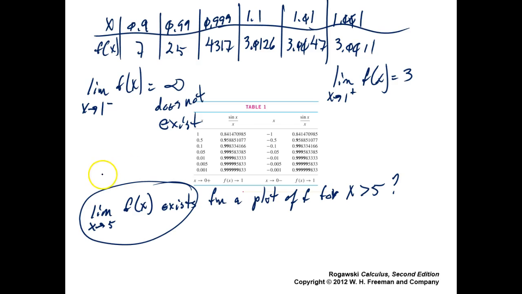If you know this exists and you have a plot of this, can you tell what that limit is? Yeah, that will be that value. Because if the limit exists on the right and the limit exists, period, you know it has to exist on the left as well. You're absolutely right. That one will be a yes.